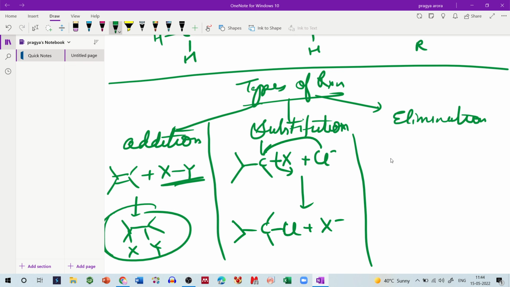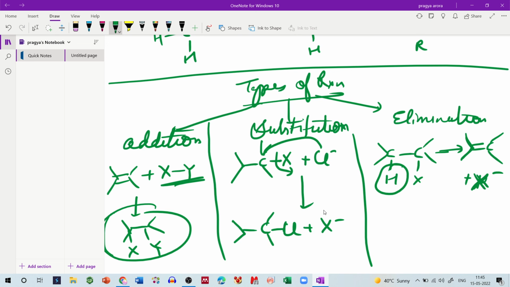In the case of an elimination reaction, initially there is an alkyl halide like this. This will undergo elimination to generate a double bond, an alkene, along with the removal of the leaving group X and the alpha hydrogen present next to it.